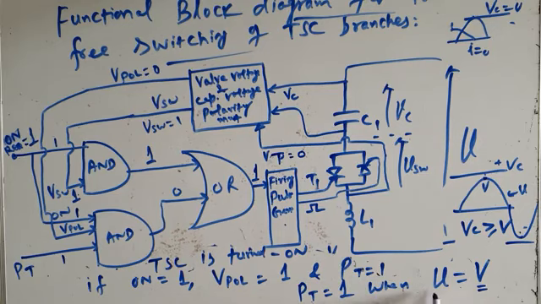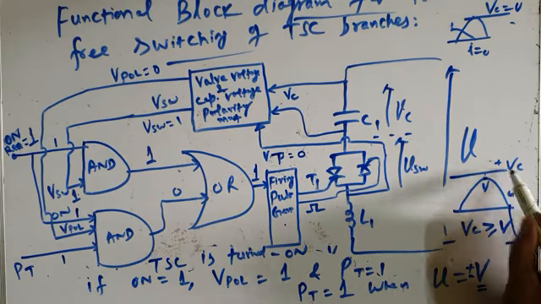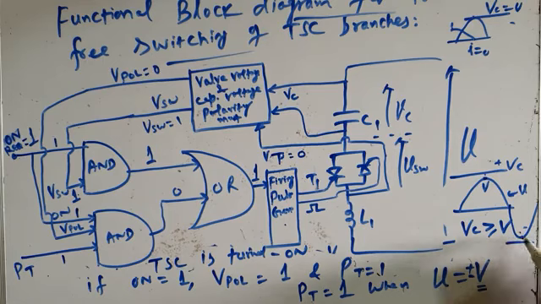PT will be equal to 1 when V is equal to plus V or minus V. It may reach positive peak or negative peak. If the capacitor voltage is positive and the negative peak has reached, then PT will become 1 for the negative peak also.